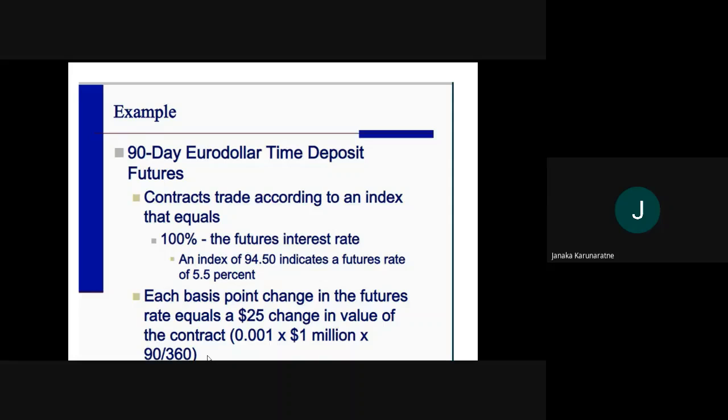Then how much does the value of your futures contract change? 20,000. How did you get 20,000? 1% of 2 million. No. 5,000? How much? 5,000.